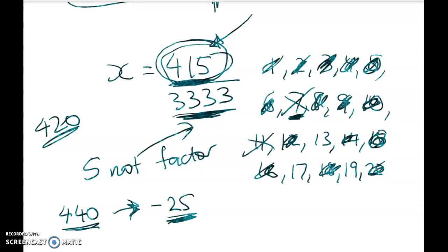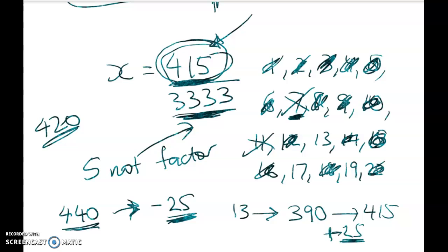We can do the same kind of thing with the other ones, right? So if you look at 13, let's think about a nice round number there. 390 is a multiple of 13. And the gap to 415 is plus 25. So that gap is not 26, right? So 13 is not a factor.